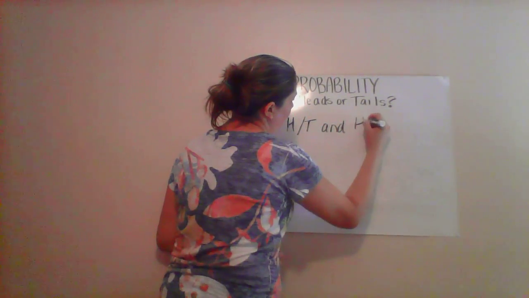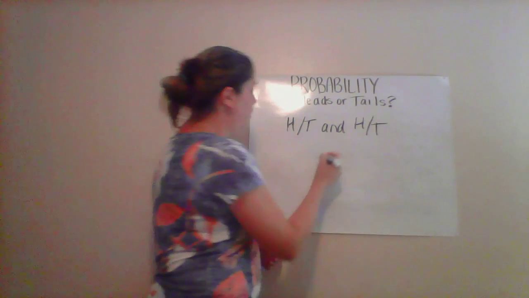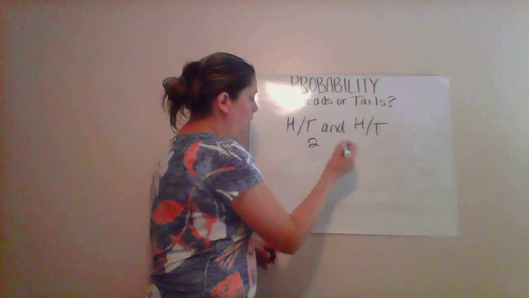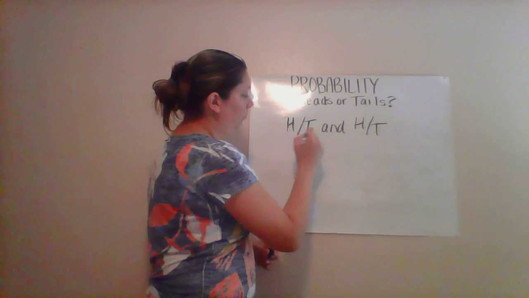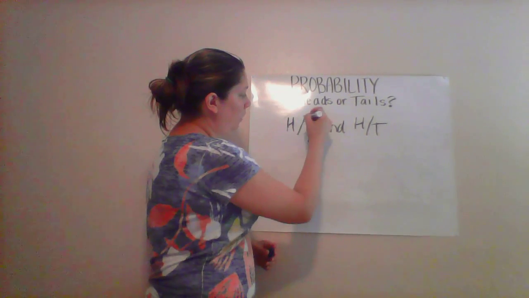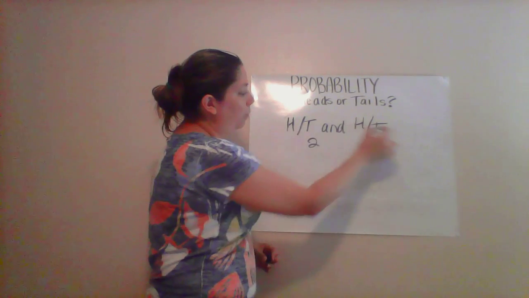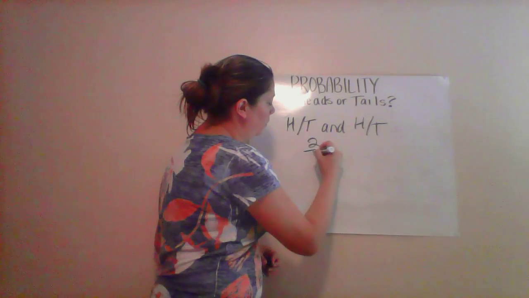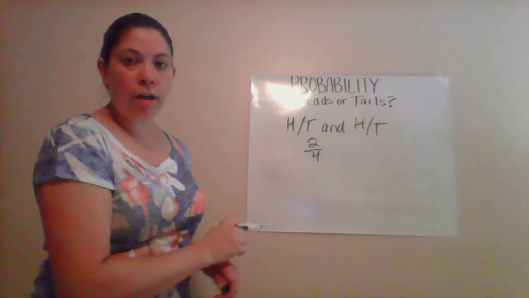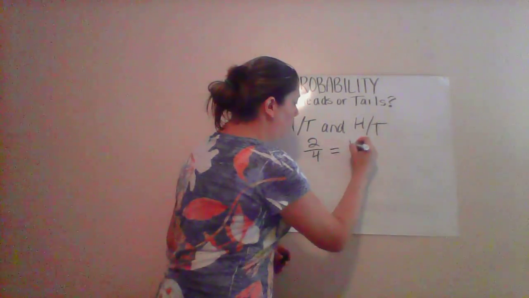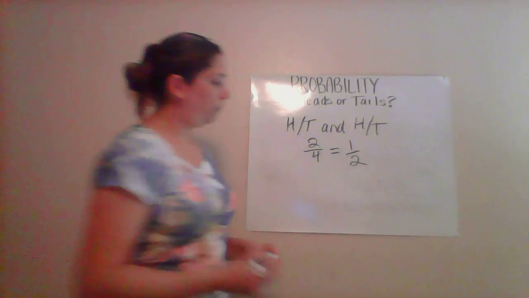So we have 2 events that we're trying to get, and we have 4 possible outcomes, so we'll do 2/4. But always remember that you want to reduce, so that would actually equal 1/2.